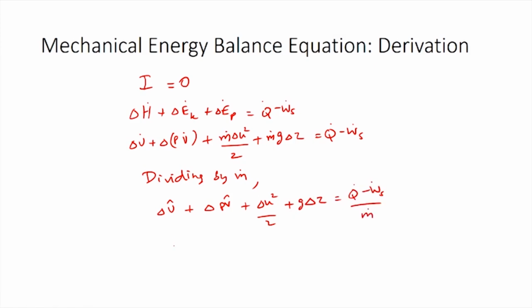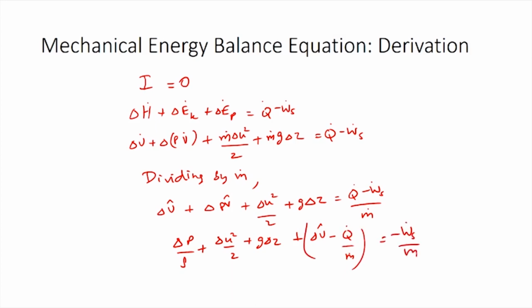Rearranging this equation, we can get delta P divided by rho plus delta u squared by 2 plus g delta z plus delta U cap minus Q dot divided by m dot equal to minus Ws dot divided by m dot.